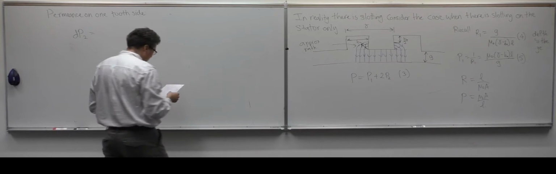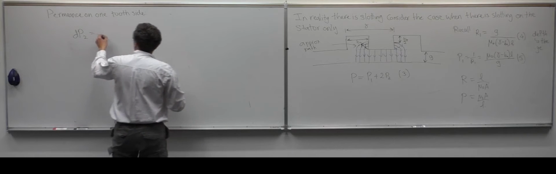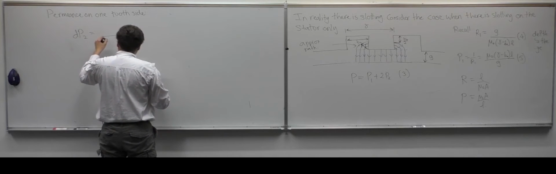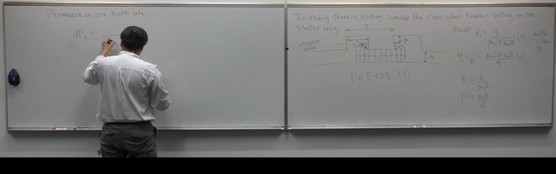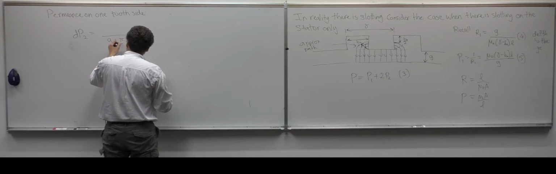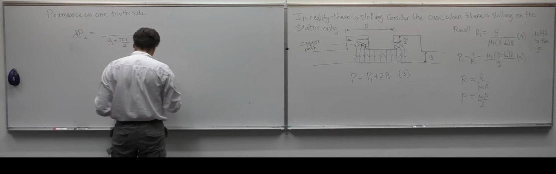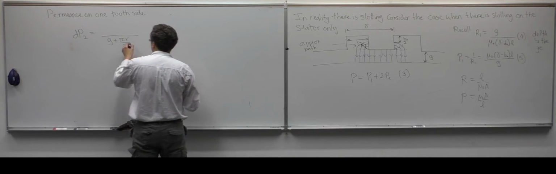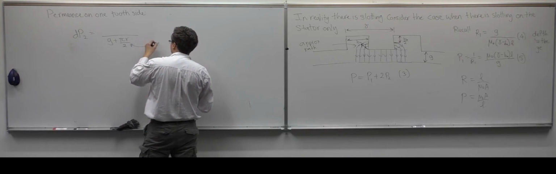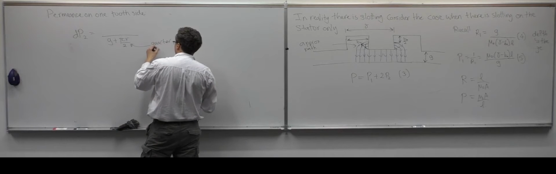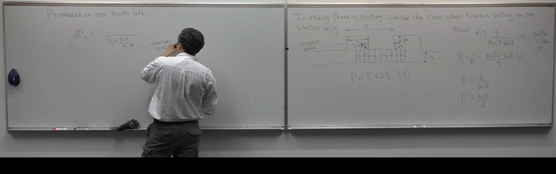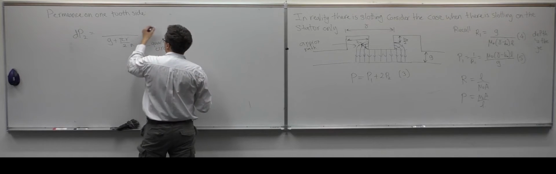On the bottom we have the length, so it's gap plus pi r divided by 2, right? Because it's quarter circle length. Okay, this is equation 6.